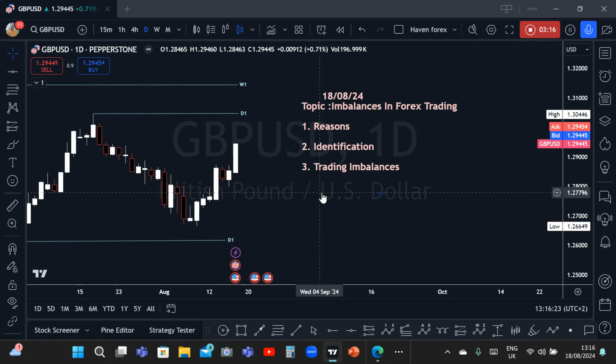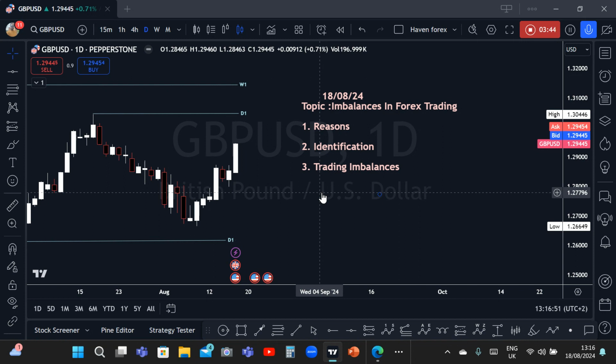So right now, when you talk about imbalance, people don't really know what imbalance is all about. Imbalance occurs when there is a significant disparity between buyers and sellers, or you say between buy and sell orders.